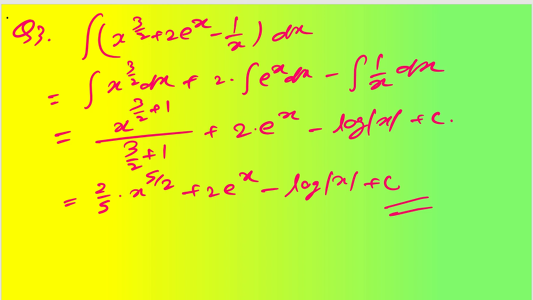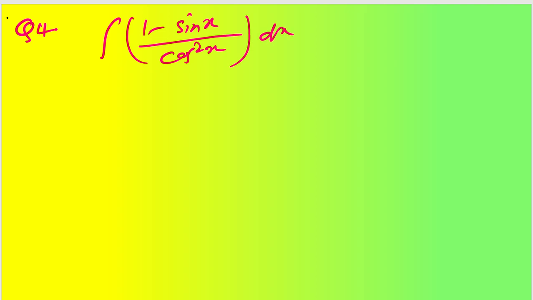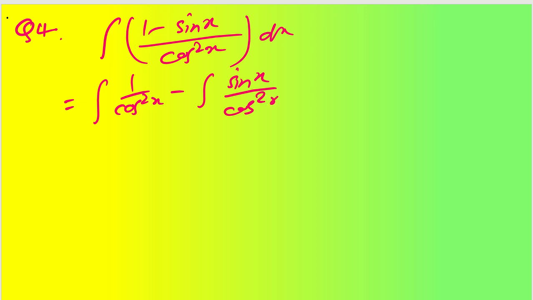Let us take some more questions on sinusoidal things and all. So let us say a question is integration of (1 minus sin x) by cos square x. So this is a little bit tough question. So what we can do? We can write it as integration of 1 by cos square x minus sin x by cos square x dx.